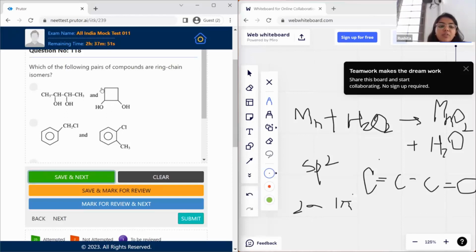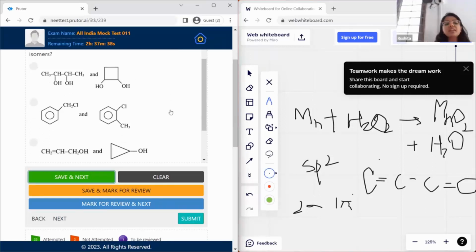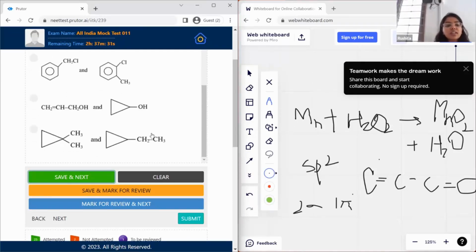But if you count the number of hydrogens in this cyclic structure, it won't be 8. 2 hydrogens here, that's 2, plus here 2, 4, 5 and 6. There will be only 6 hydrogens. So this is incorrect. Similarly, if you count the number of hydrogens in these structures, you will understand that they are not the same. It is only the same in this structure.